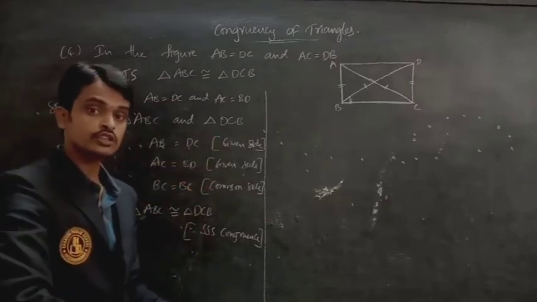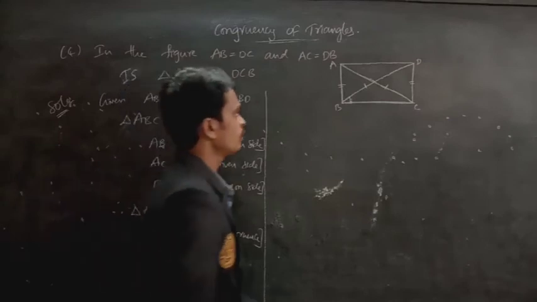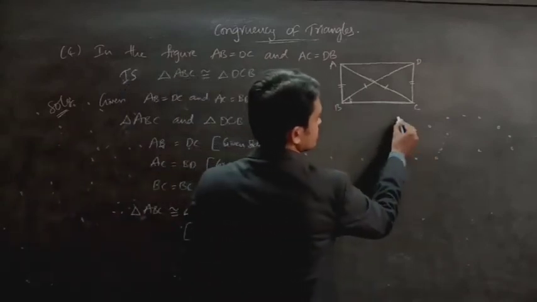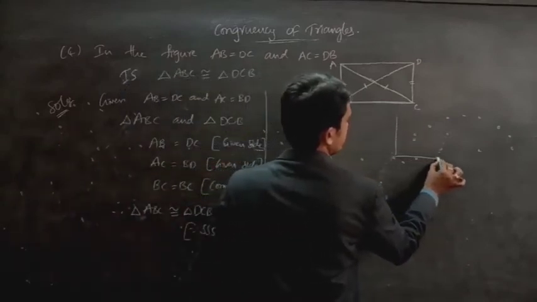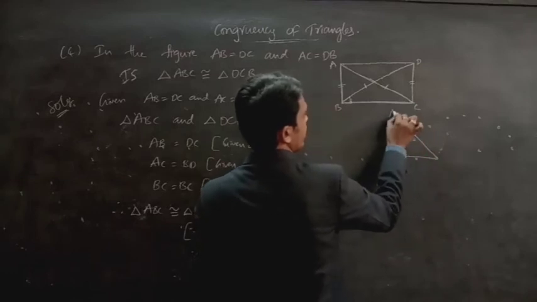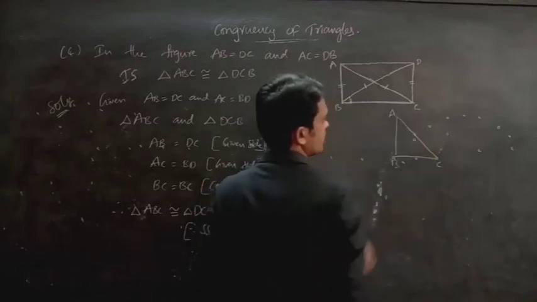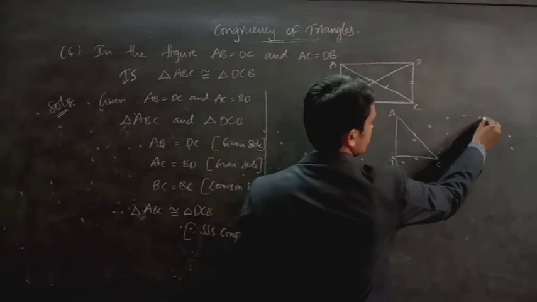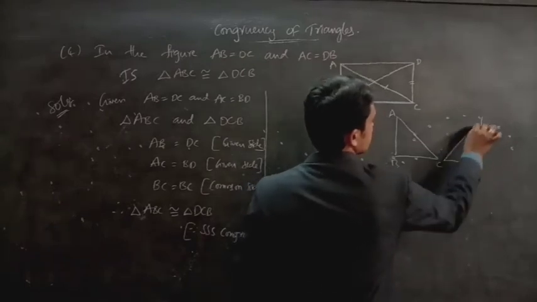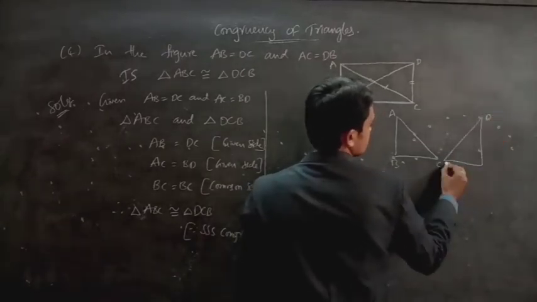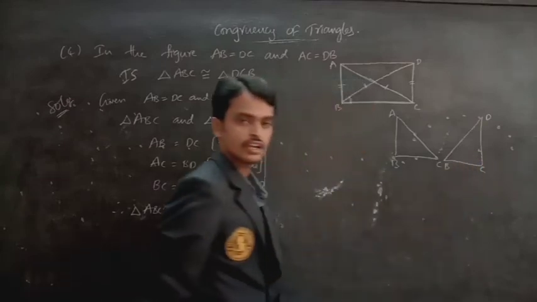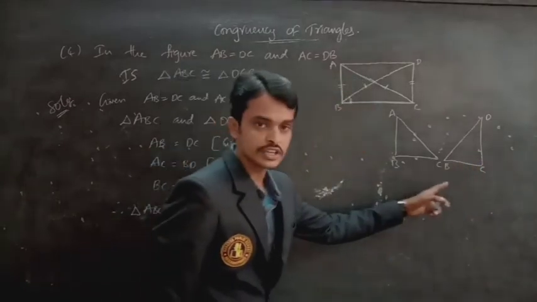In another way also we can find it. First let us draw this triangle ABC and another triangle DBC. Which type of triangles are these?